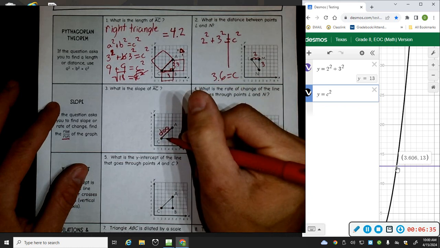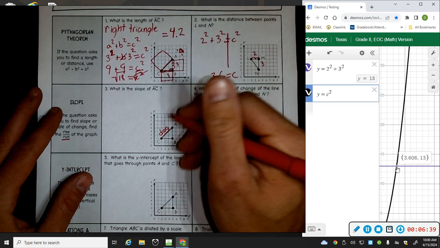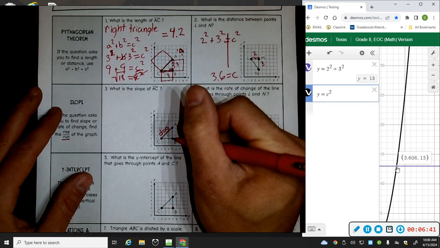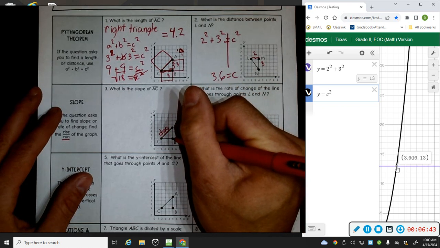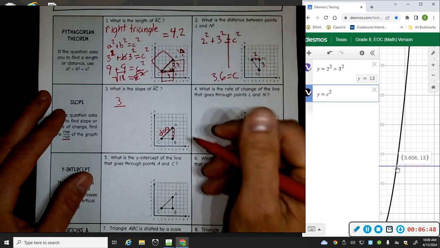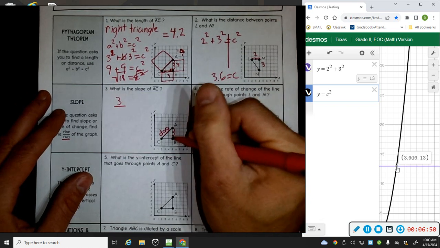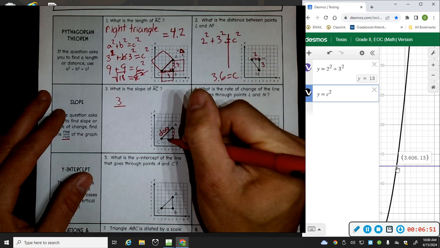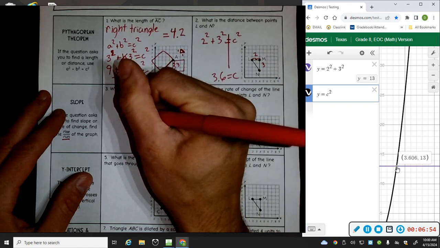And then we are going to just do rise over run. Our rise we'll do first, 1, 2, 3, goes on top. And our run, we have 1, 2, 3, goes on bottom.